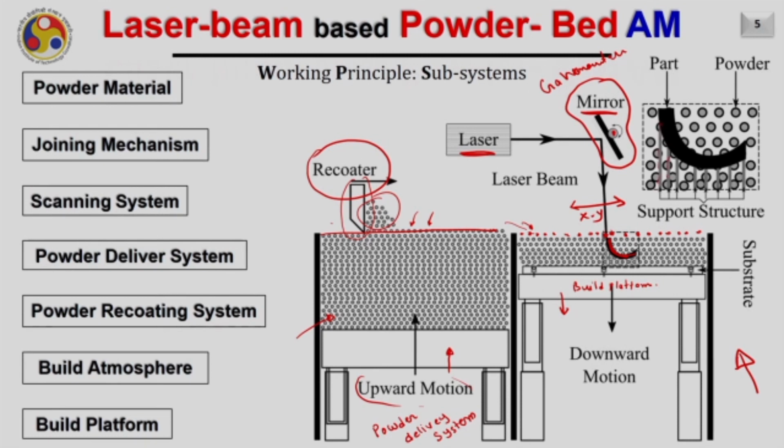However, it can be noted that support may not be required in laser beam based powder bed additive manufacturing to prevent the downward motion of the overhanging feature, but it is required to prevent the upward motion of the layer. So, let us consider that we are scanning this thin layer of the powder, and it is scanned by a laser beam. In that case, the powder gets melted and forms a solid layer.